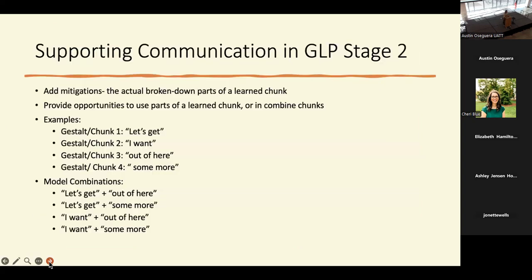All right, so when we're supporting communicators in stage 2, we add mitigations, the actual broken down parts of a learned chunk. And so we're going to provide opportunities for them to use those new manipulated chunks and combine them in different ways. So you might have chunk 1 and chunk 2 and chunk 3 and chunk 4.